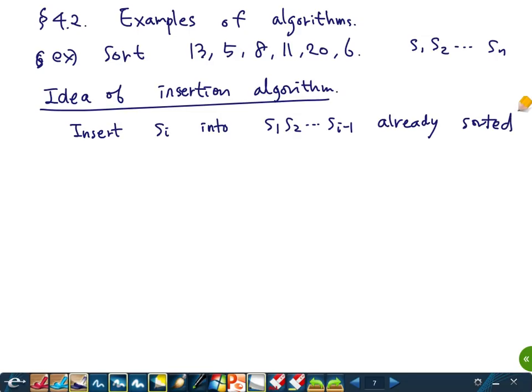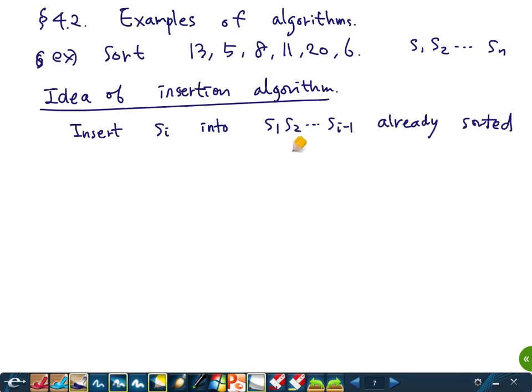The idea is, S1 alone, only one element, is already sorted. Then insert S2 and make S1 and S2 sorted, etc. For the ith step, the i minus 1 numbers before have already been sorted.